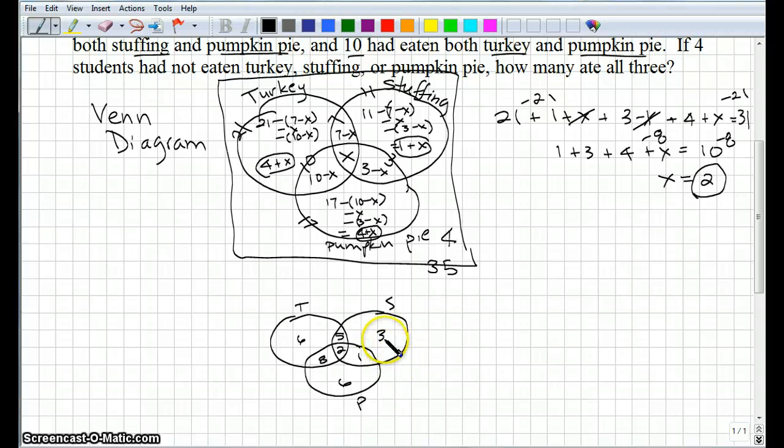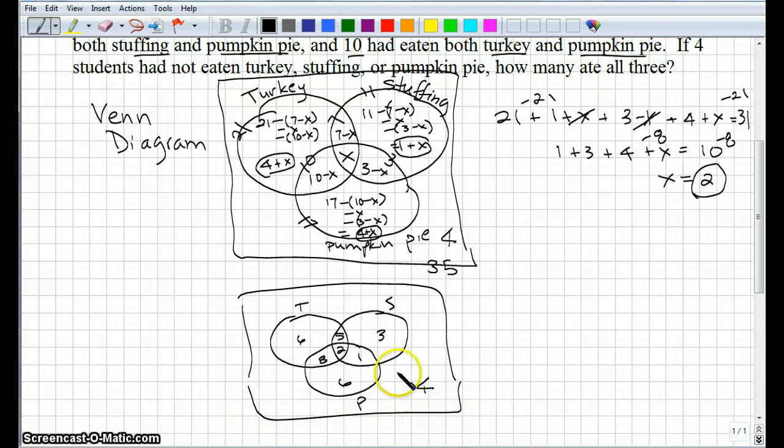And they all add up to 31. If you added all these numbers up, you could check and make sure they add up to 31, and then you'd have 4 out here who didn't eat any of these items, and that should all add to 35. So it's a good idea to check yourself.